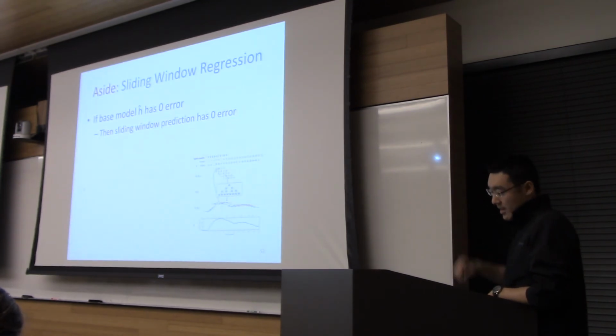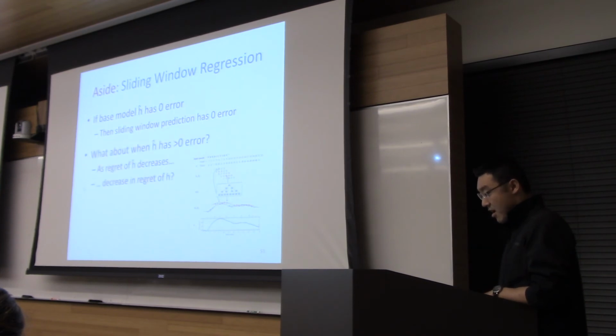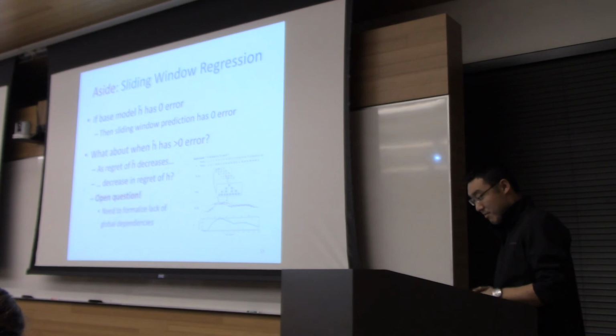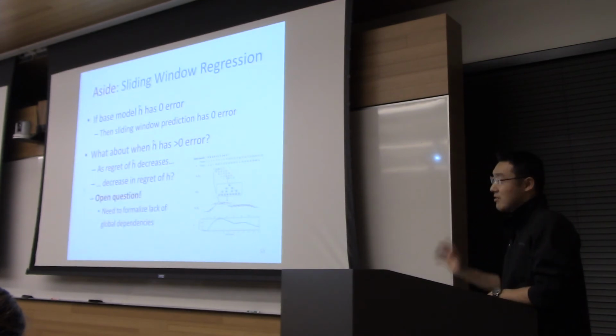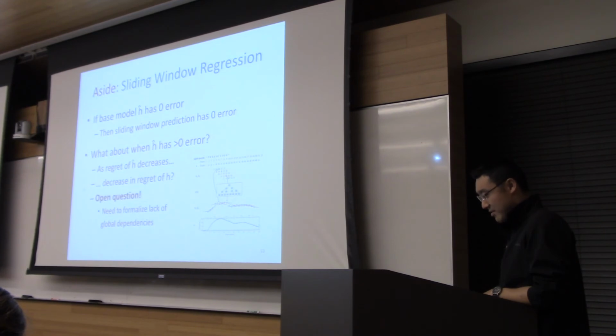Just as I already alluded to, in the sliding window regression setting, if the base model has 0 error, then the sliding window predictor has 0 error. If the base model has greater than 0 error, then what happens to the original prediction task? And the answer is we don't quite know. This is sort of an open question, a nice open question that we still haven't resolved yet.